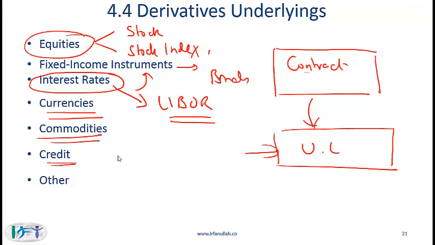Remember, we talked about credit default swaps and CDOs. Here the underlying is credit of some form. And then we have several other types of underlyings, for example, weather, electricity, and so on. You don't really need to get into the details here, but just recognize the fact that contracts can be based on several different types of underlyings.